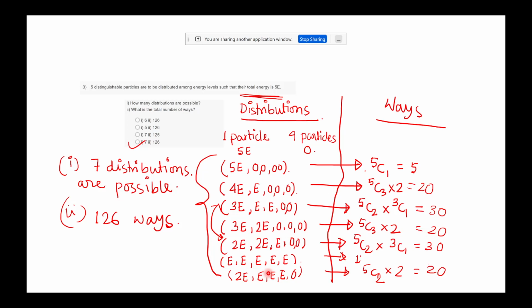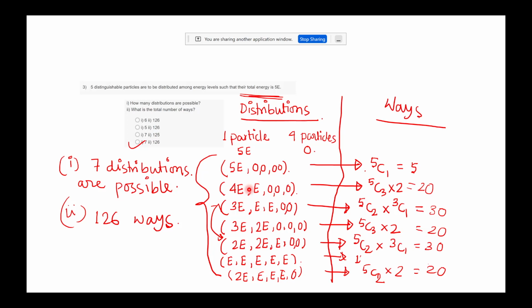Why similar or equivalent? Because here 3 energy levels have the same energy, here also 3 energy levels have the same energy. 2 levels have different energies. The same is applicable here: 3 have the same energies and 2 have different energies. So that's the thing, right?